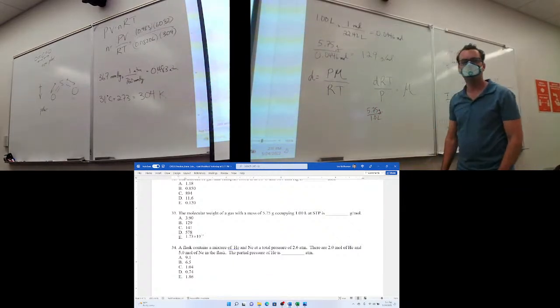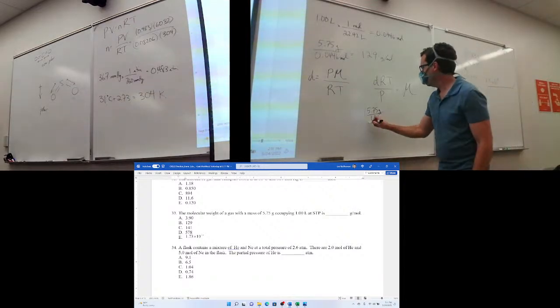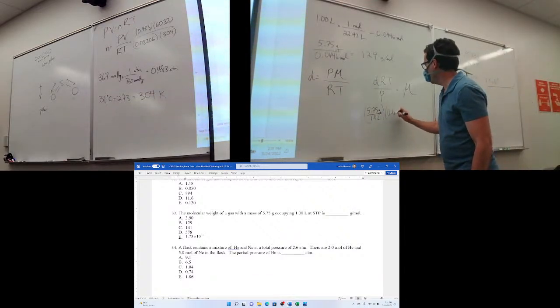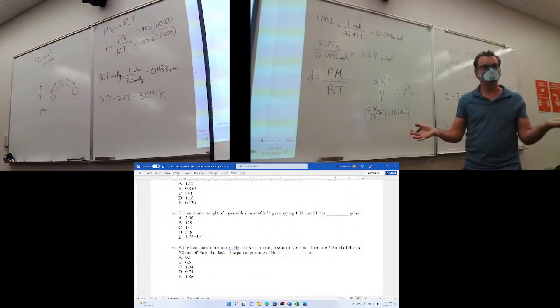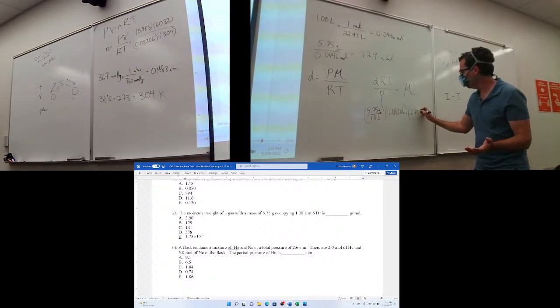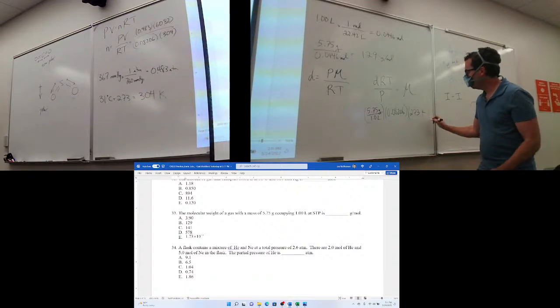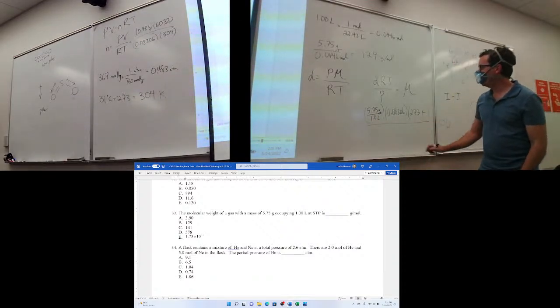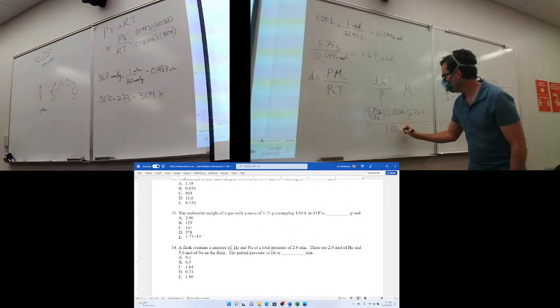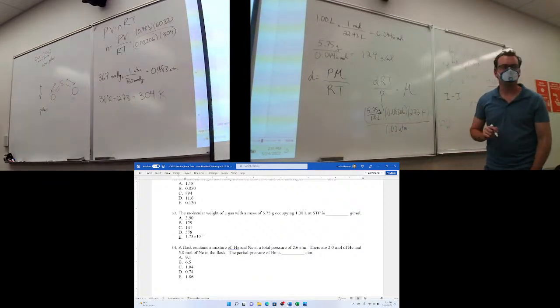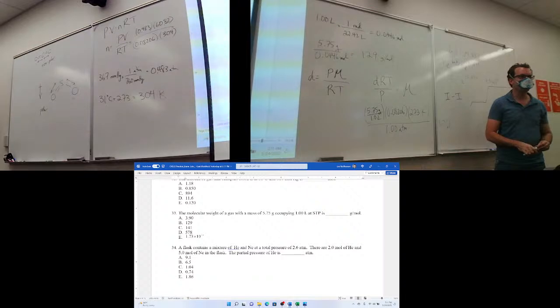There's your density. Then we've got R, 0.08206. Temperature, standard temperature is 273.15. And then P, standard pressure, 1 atmosphere. That should give us the same answer, molar mass.